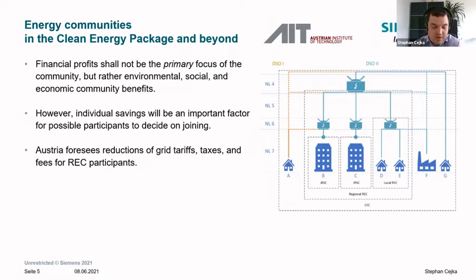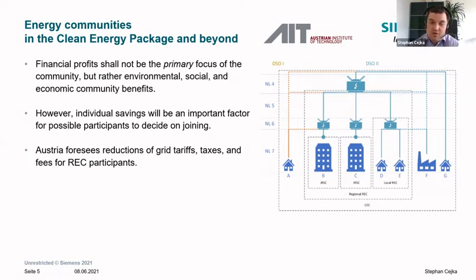So jointly acting renewable self-consumers, which were level 2, and which you can see in this figure as house B or house C, do not use any public grid, and so they shall not pay any grid tariffs.